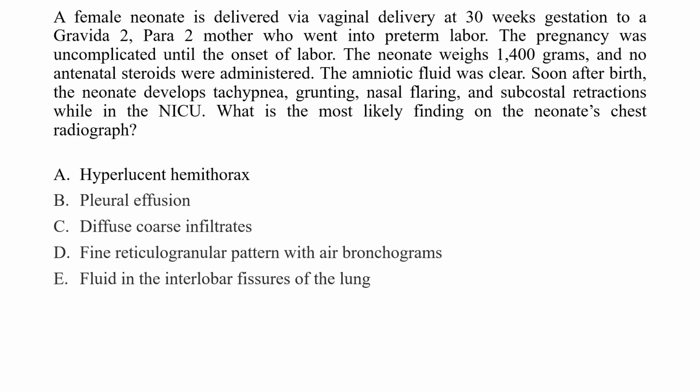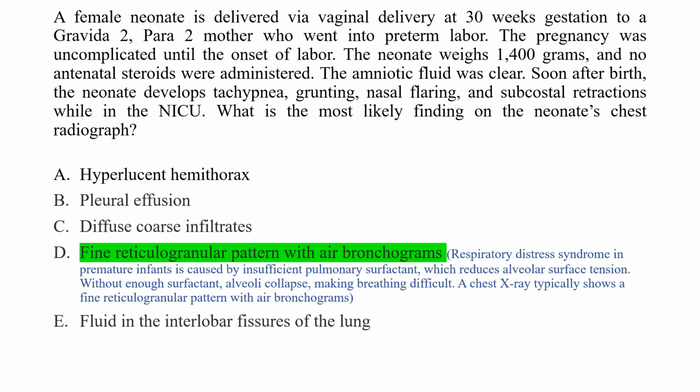The options provided here are A, hyperlucent hemithorax, B, pleural effusion, C, diffuse coarse infiltrates, D, fine reticulogranular pattern with air bronchograms, E, fluid in the interlobar fissures of the lung. The correct option here would be D.